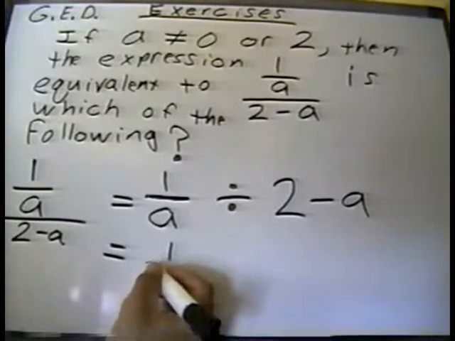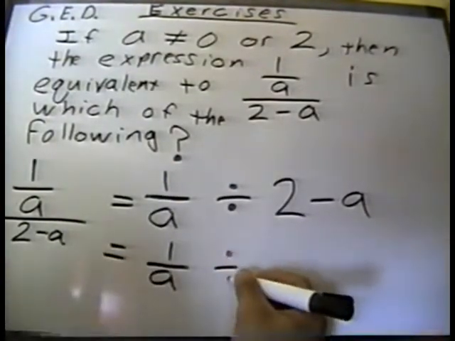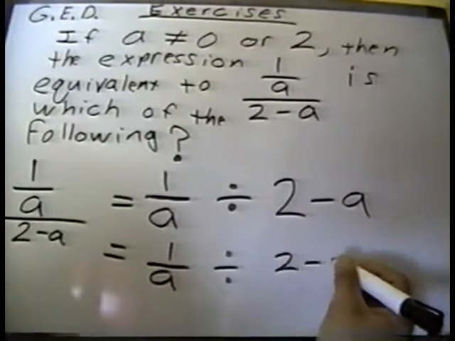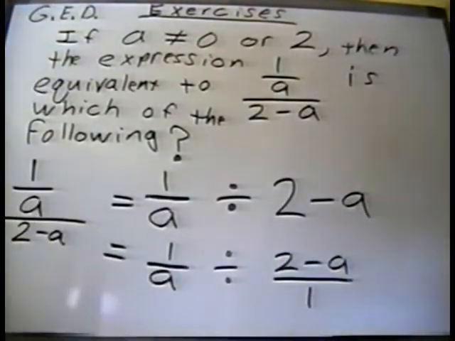Now that is also equal to 1 over a divided by 2 minus a over 1. Okay, now that's what that becomes.